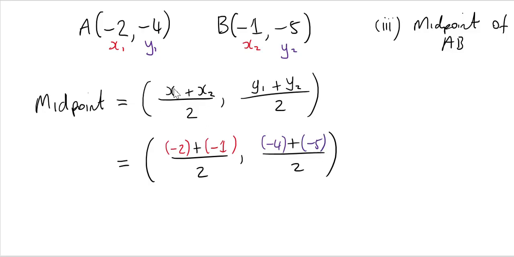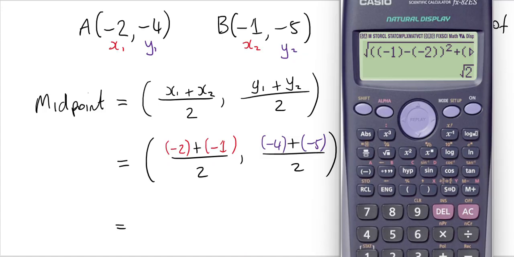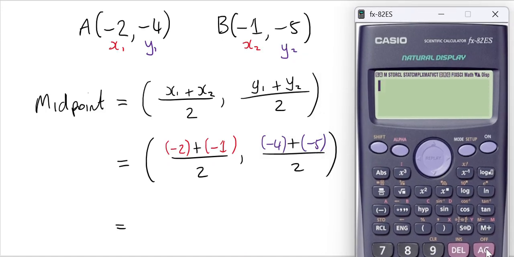Just double check that. x1 is -2. x2 is -1. y1 is -4. And y2 is -5. So again, your calculator is going to become heavily involved in this question. For example, if I throw the calculator up there, I put in my fraction button.